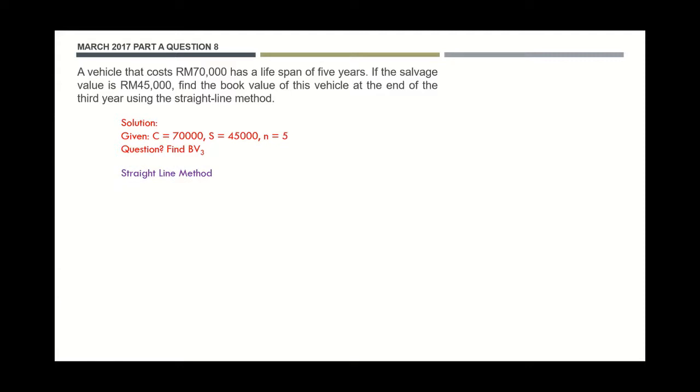Using the straight line method, since right now we have the values of C, S, and N, the first thing we need to find is the annual depreciation, AD.